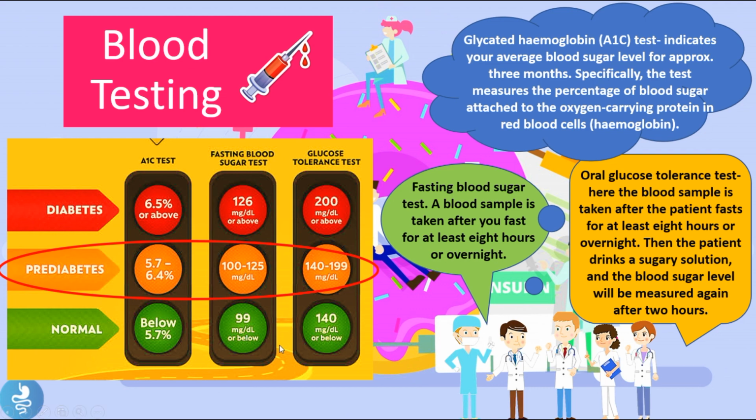Normally in a patient who doesn't suffer from prediabetes or diabetes, we will have a blood sugar level of 140 milligrams per deciliter or less. If the patient has prediabetes, we will have a range of 140 to 199 milligrams per deciliter. And if the patient is actually diabetic, we will have a level of 200 milligrams per deciliter or above.